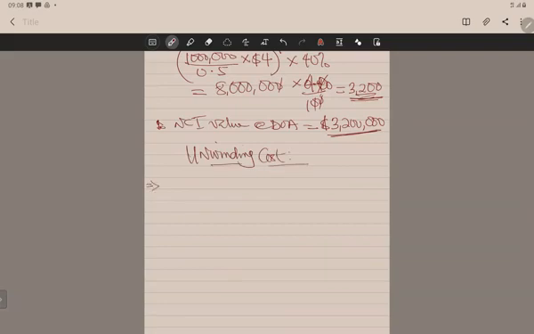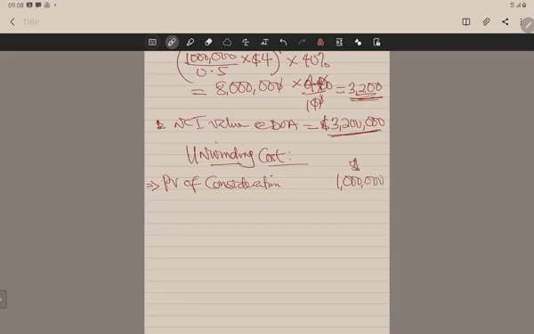So you start from the first one, which is the PV. The PV is this thing that we calculated. So the PV of the consideration is what? 1 million.